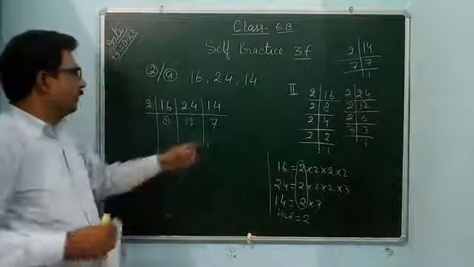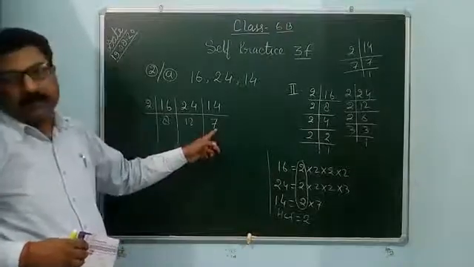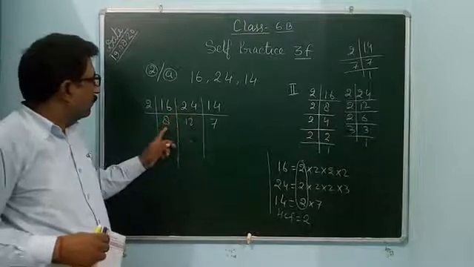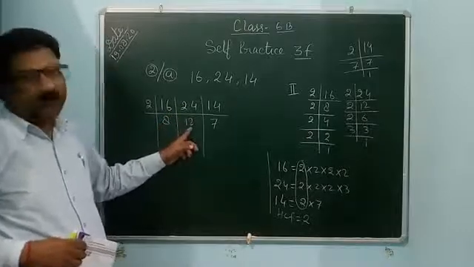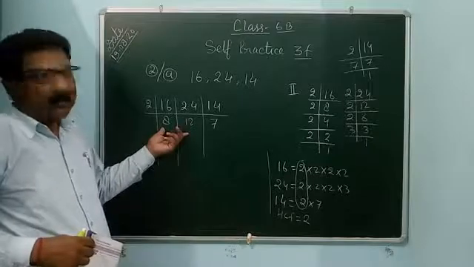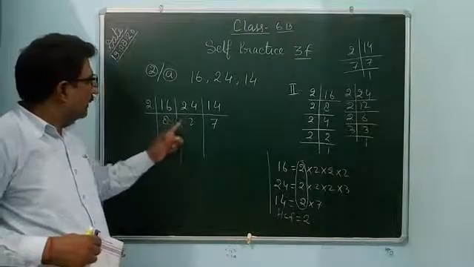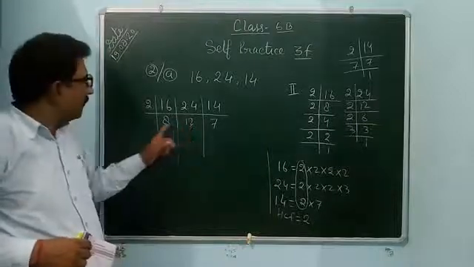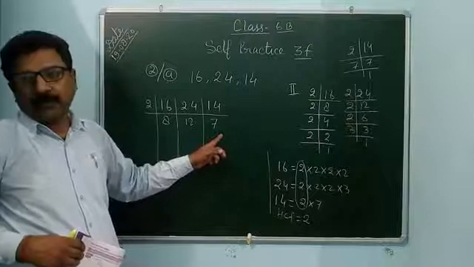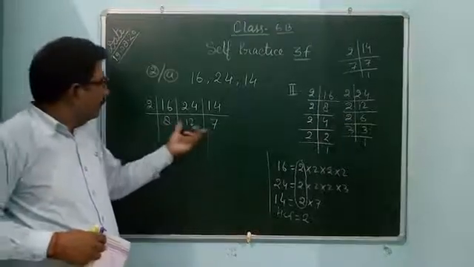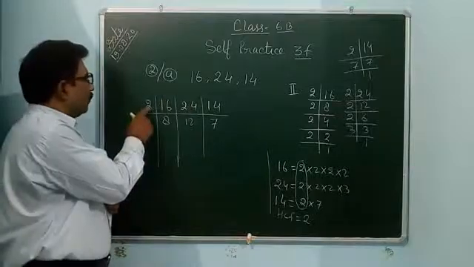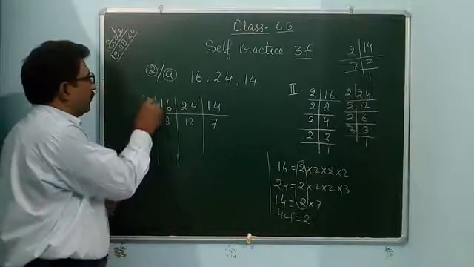You see, 7 is a prime number, divisible only by 7, but 8 and 12 are also divisible by 2. So 2 is common for 8 and 12, but 7 is not divisible by 2, so you leave this here.